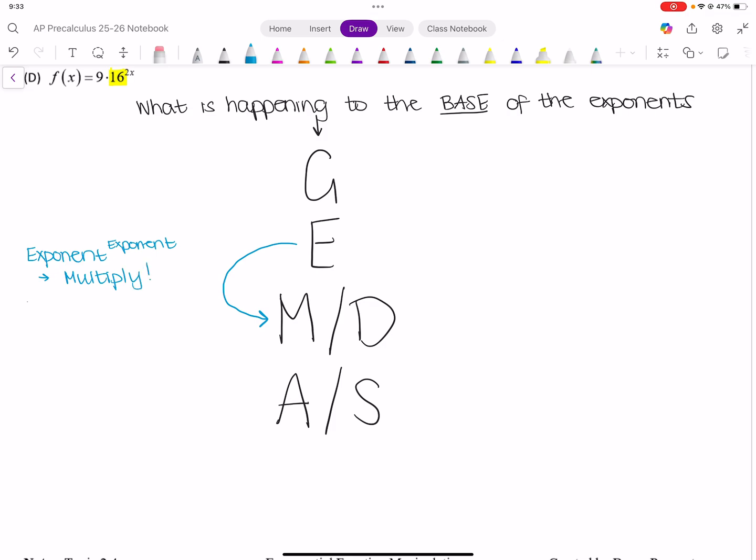So for example, if I have x squared raised to the 5th power, that would become x to the 2 times 5, which gives me x to the 10th power. So that's when you have an exponent raised to another exponent. Then if you have bases that are being multiplied, then you drop down an operation and add your exponents.